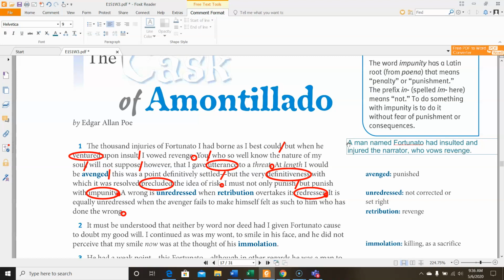He says, of course I didn't give utterance to a threat, meaning he didn't threaten him. And he also wanted to make sure that there was no risk of getting caught. So he knew that he had to punish the man, but also be careful about it. And so he also wanted to make sure that the person he punished knew that he was being punished.